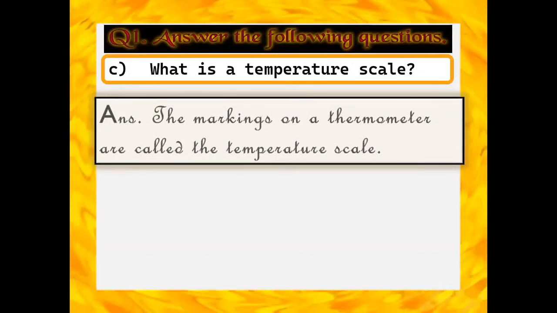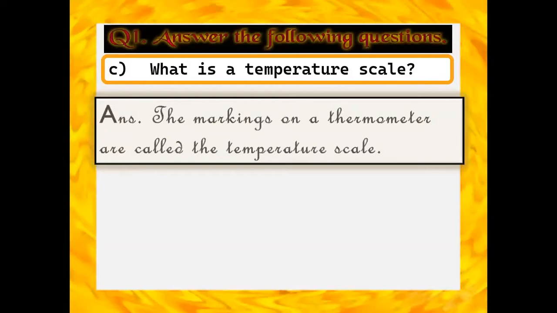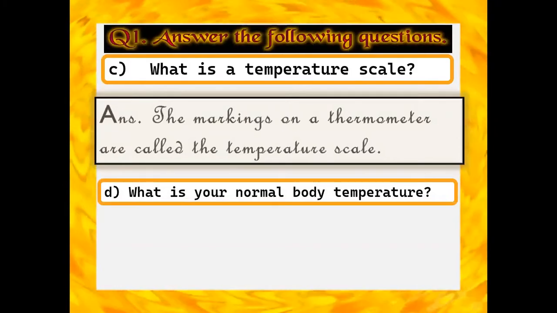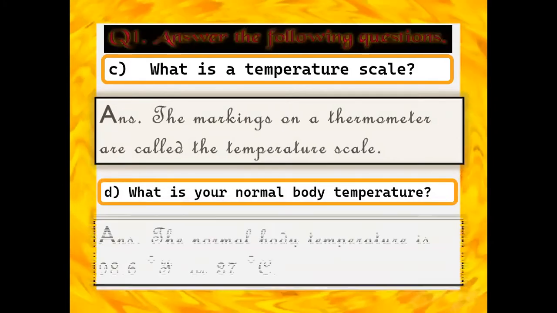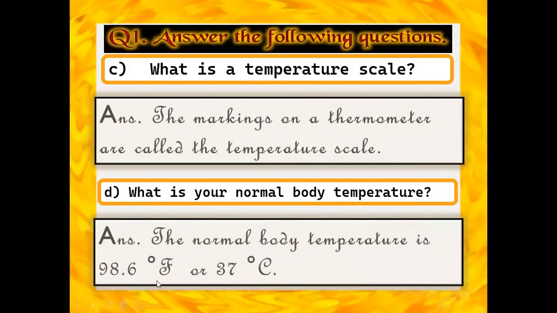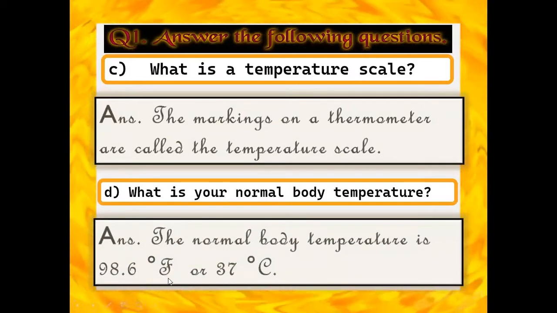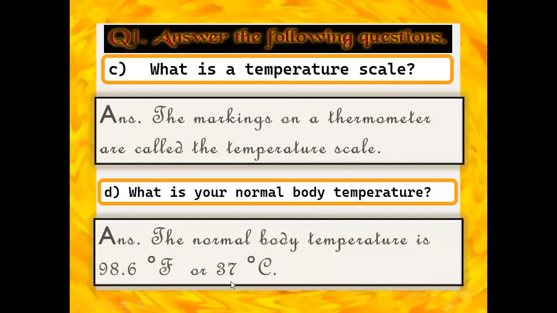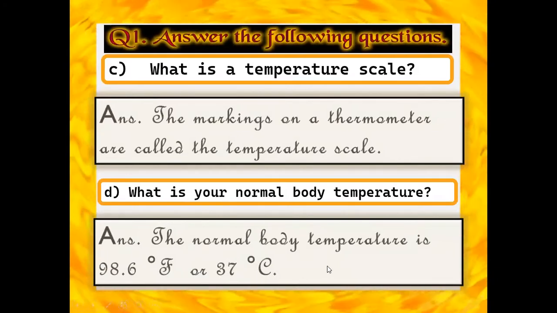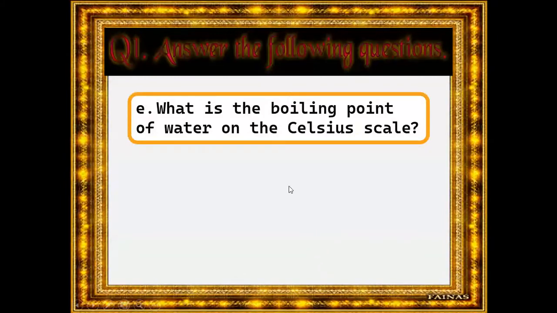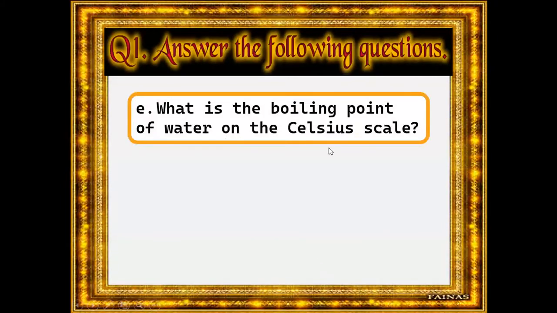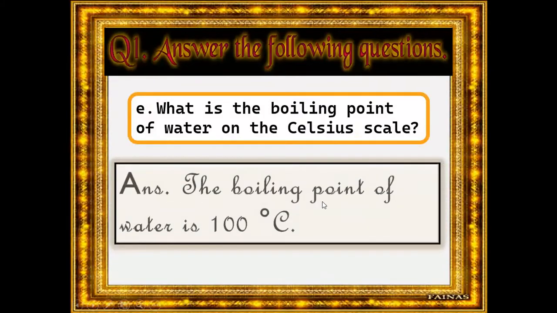The markings on a thermometer are called the temperature scale. D part, what is your normal body temperature? Students, the normal body temperature is 98.6 degrees Fahrenheit, or in Celsius, it is 37 degrees Celsius. E part, what is the boiling point of water on the Celsius scale? The boiling point of water is 100 degrees Celsius.